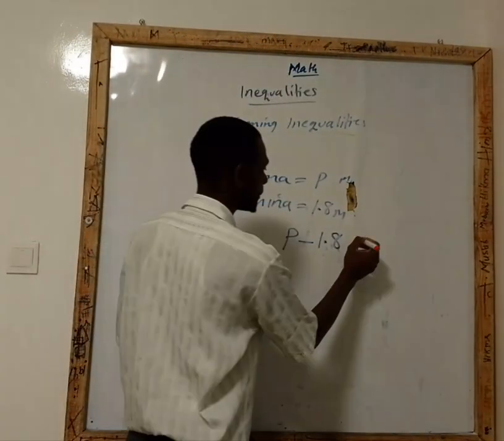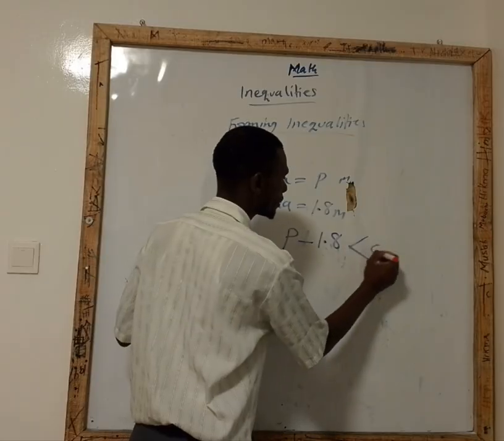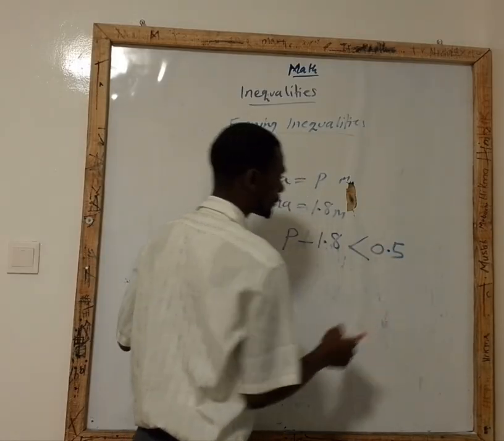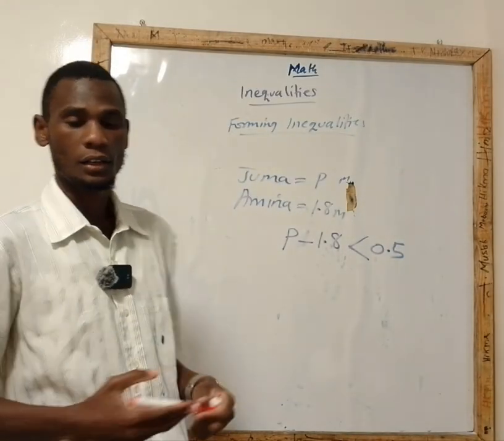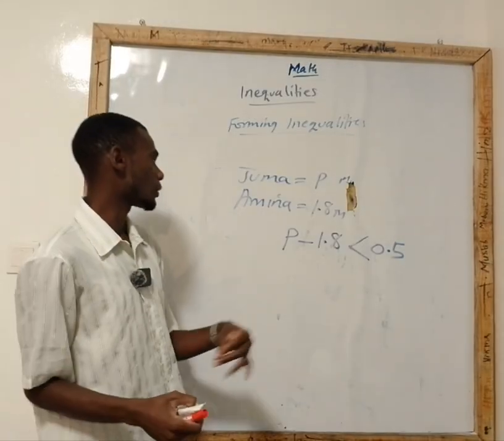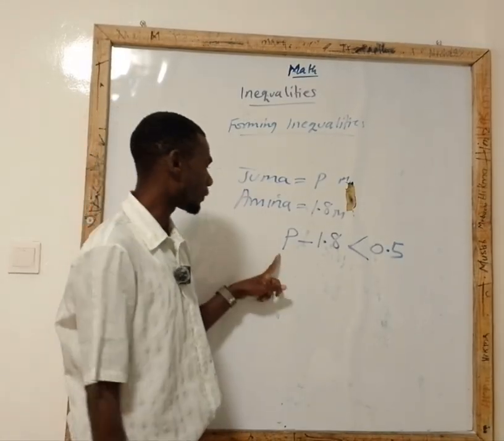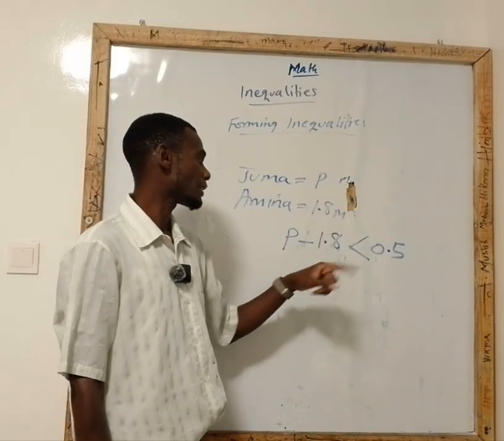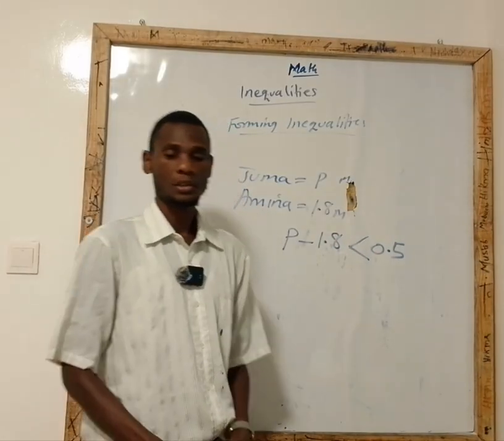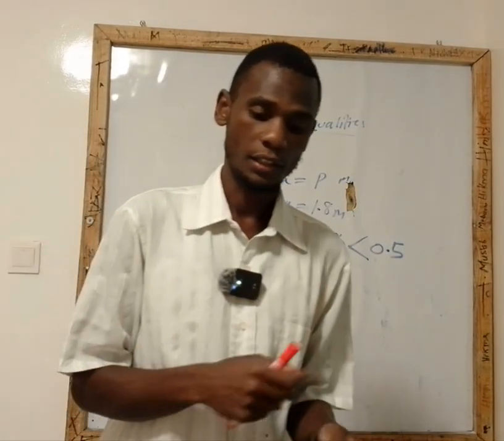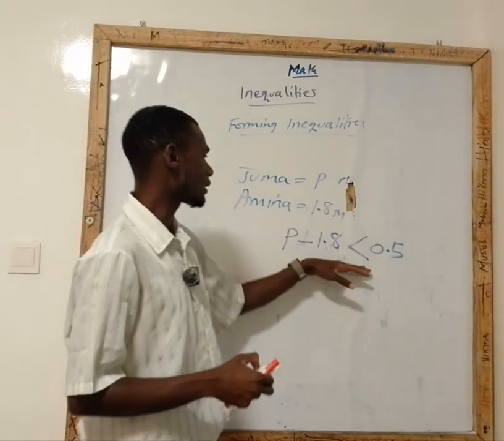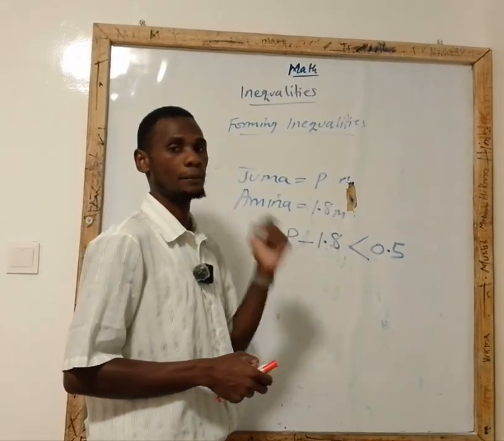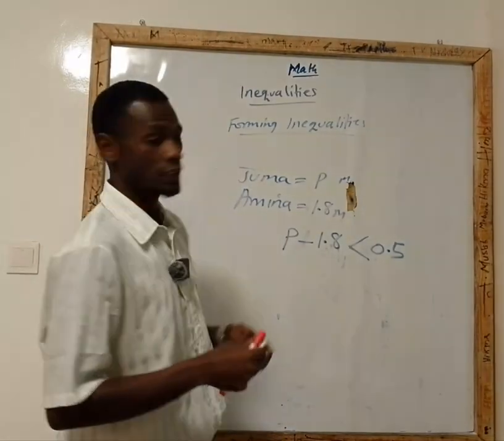So use the symbol less than 0.5. And there you are. You have formed the inequality: the height of Juma minus the height of Amina is less than 0.5. So that is an inequality.